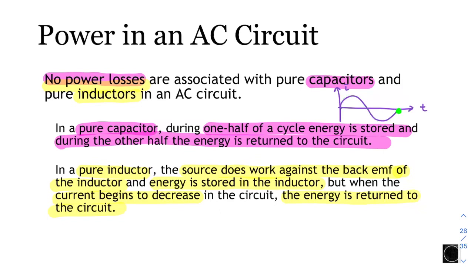Then whenever the current from the power source is reversed in direction, the inductor is going to release the energy built up within the solenoid or inductor just now to the circuit. That is why the power loss in a pure inductor, it must be a pure inductor, is also zero.